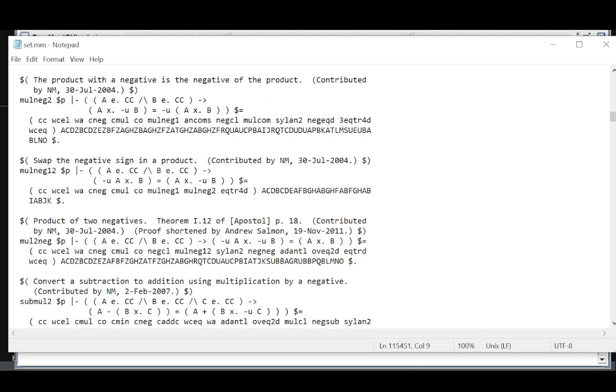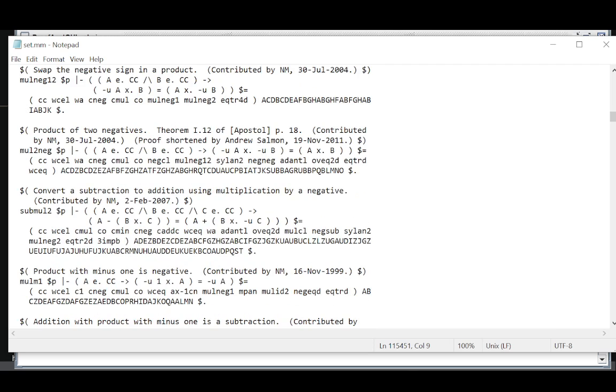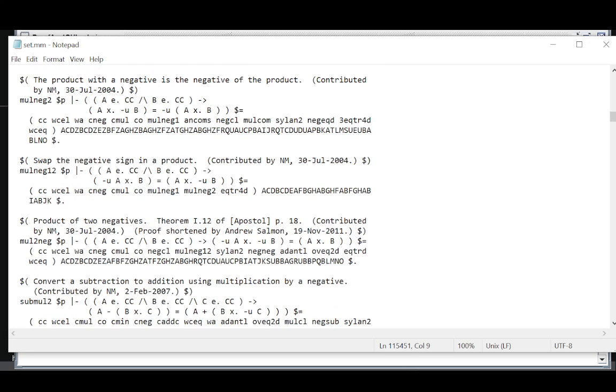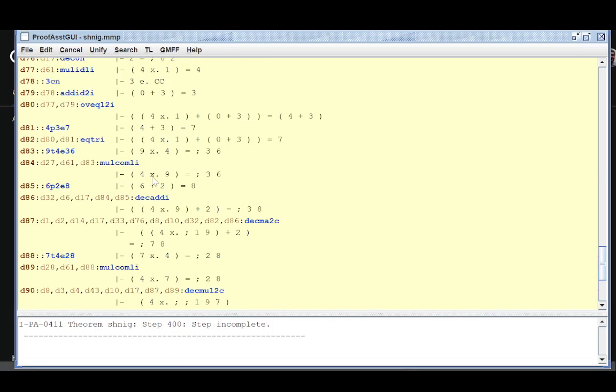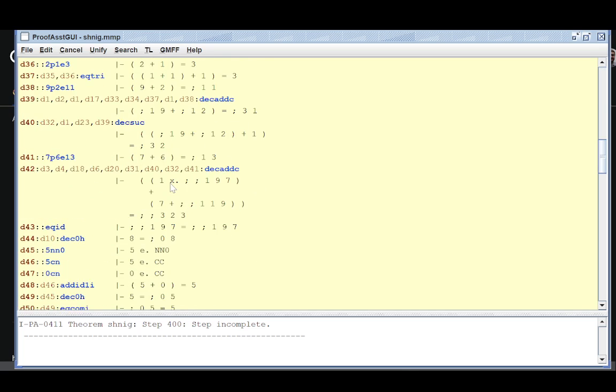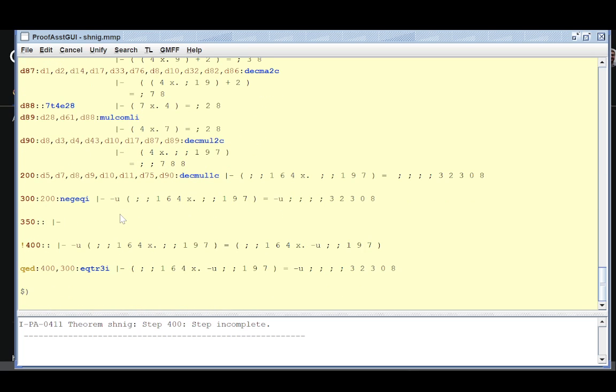I think we should just use that. So again, it's funny how it sort of goes from the sublime to the ridiculous, right? It's done this whole huge proof all by itself without any prompting. But then this is what throws it up. So we need mulneg2. So I would suggest we want this to be this right-hand side, right?